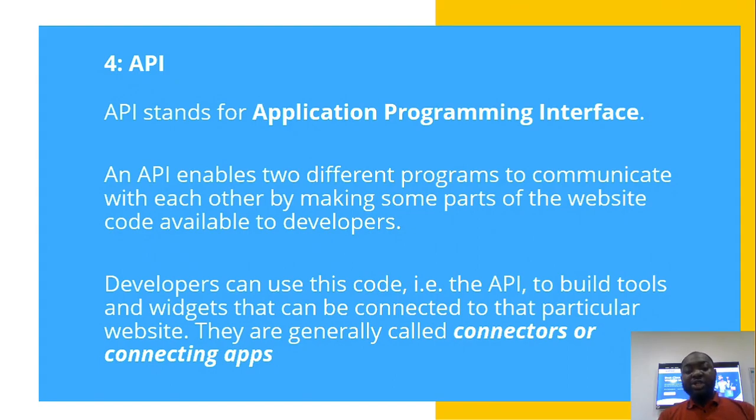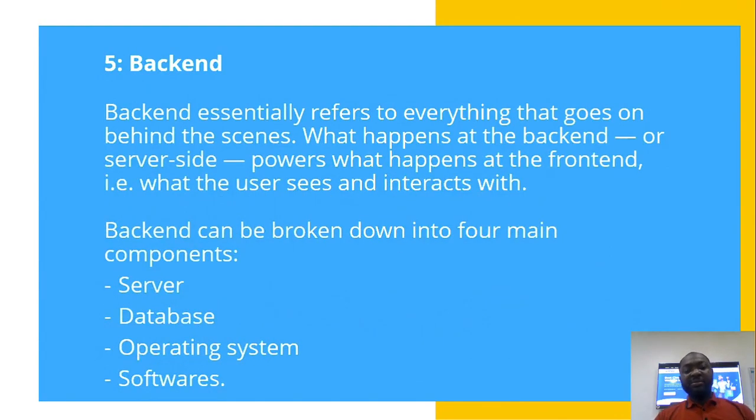How do I ensure that these applications work together? I need something to make sure that they can communicate, they can send information, they can share data, they can share resources. I need to have an API. So I can build an API for that purpose, and these are also called connectors. So your API can also be called your connector or your connecting apps.